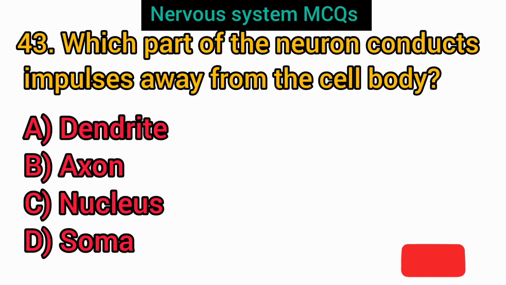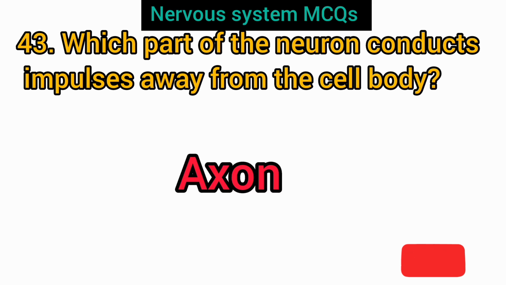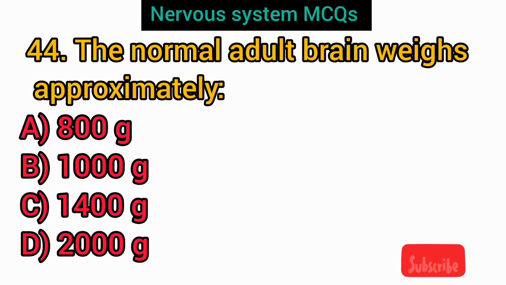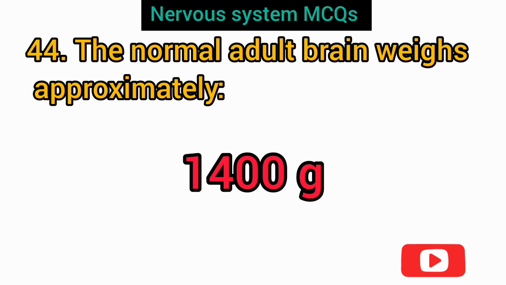Which part of the neuron conducts impulses away from the cell body? Axon. The normal adult brain weighs approximately 1,400 grams.